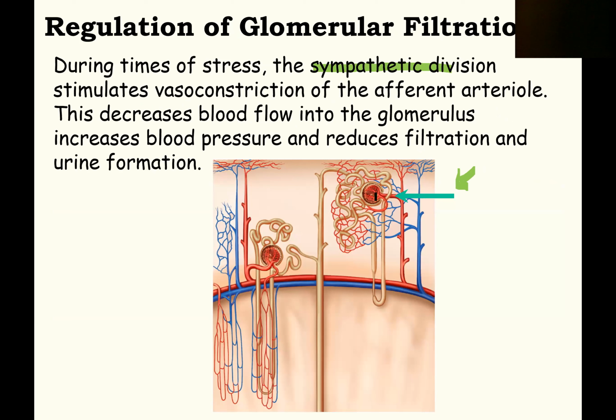This ultimately will reduce filtration rate and reduce urine formation. If you don't filter as much, you don't make as much urine. So when stress is gone, then you're going to make more urine to get rid of that.